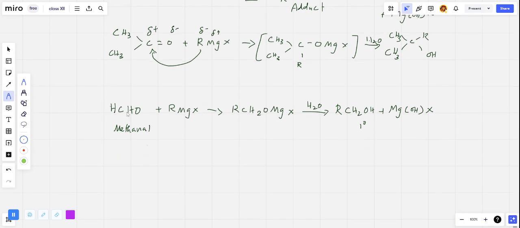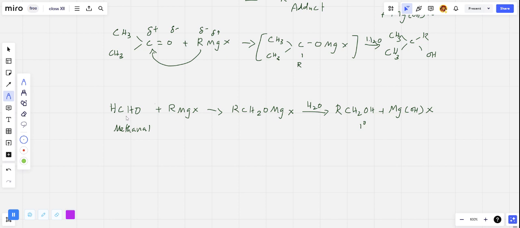So if you are using methanal, you will get a primary alcohol. If you are checking here, the number of carbons is the difference. Here one carbon is there, but in others the number of carbons will be more. According to the need, we can have the alkyl group. Suppose you want to prepare ethanol, it should be CH3. So according to the need, we can change the alkyl groups.